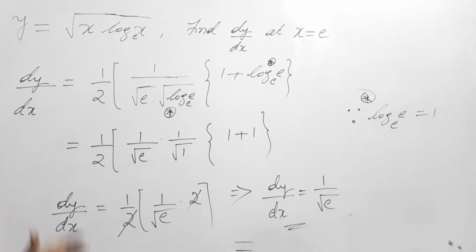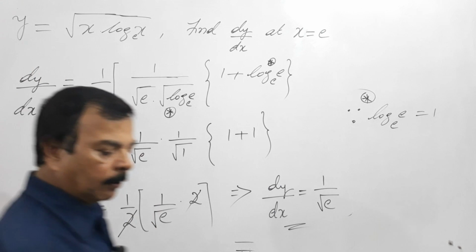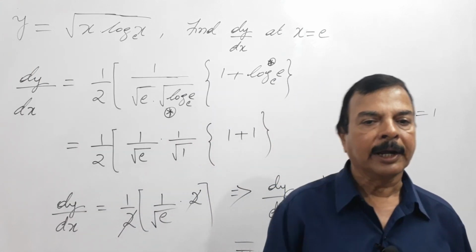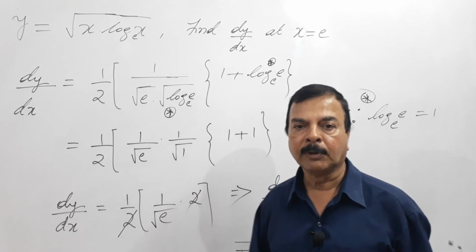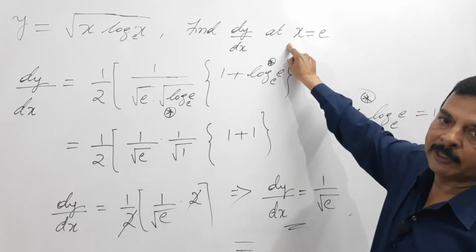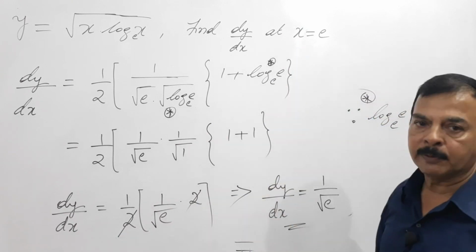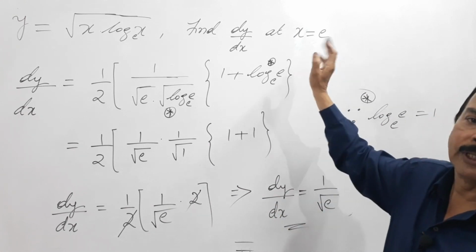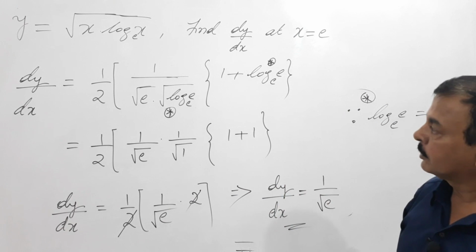So dear students, a very simple problem, but the examiner has made it look as if it is a difficult problem because of this factor. If you know this factor, the problem is gone. It's easy for you. Otherwise, you just ignore this from the examination and forget it, isn't it?